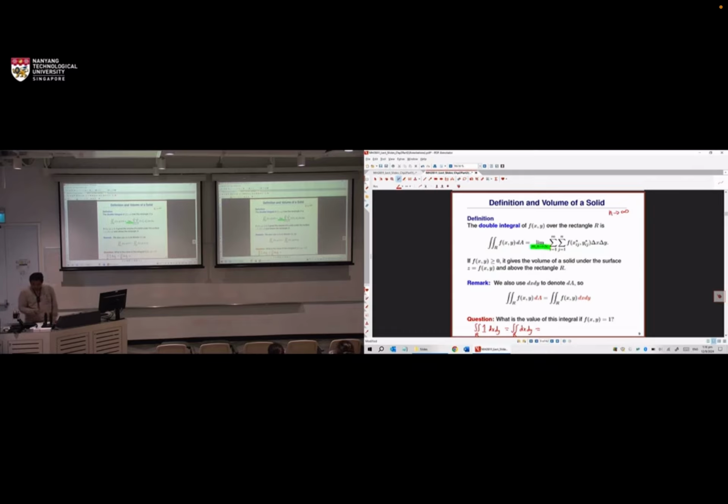Your base area is still R. The base area R. But now you multiply by a height of 1.